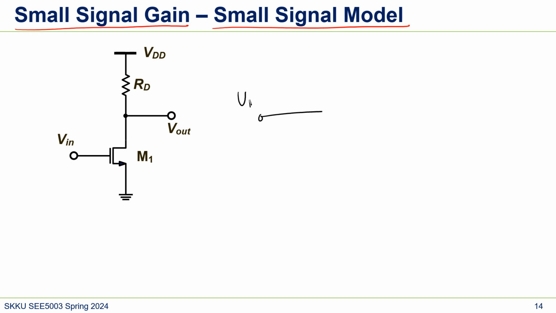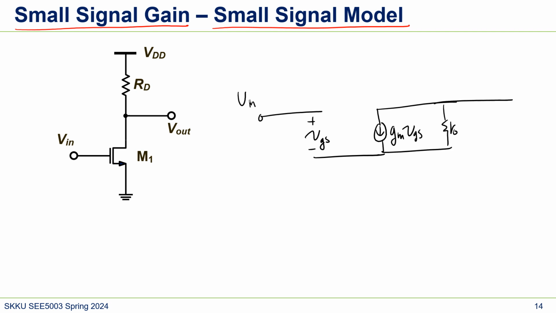It should be Vin, and here plus minus V. This is just VGS, and here's gm VGS, and we also have ro, right? Now we're going to talk about channel length modulation, and then we also have gmb VBS, and then here will be ground, and then there will be RD.